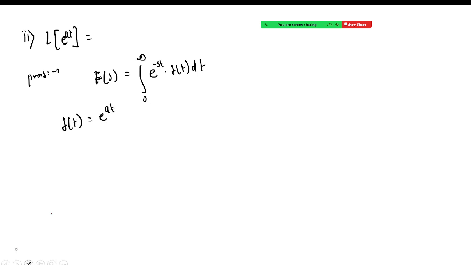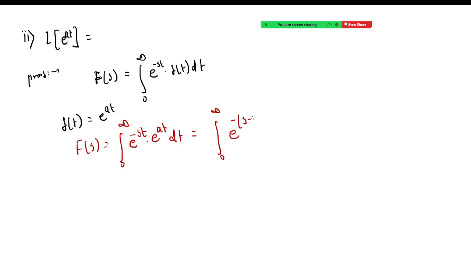Fine. So then I'll substitute here, F(s) is equal to the integral from 0 to infinity of e to the power minus st into e to the power at dt. So I'll take the integral from 0 to infinity of e to the power minus (s minus a)t dt.